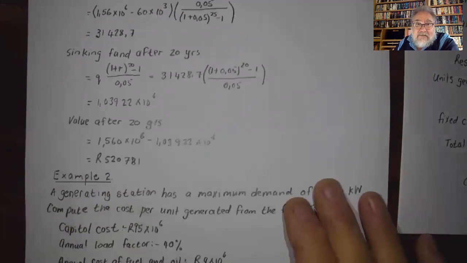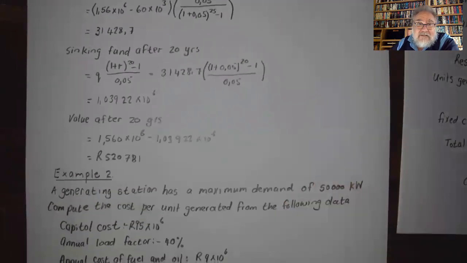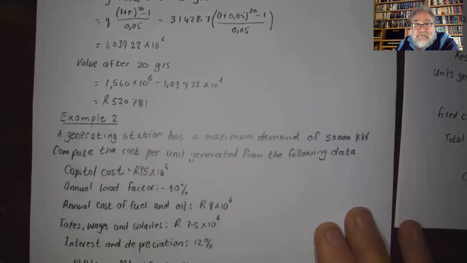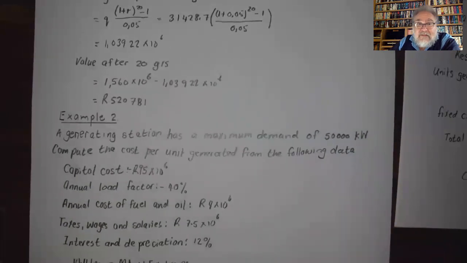The sinking fund after 20 years, we substituted in there, Q is 1 plus R to the power of 20 minus 1 divided by 0.05. That gives us 1.039 million. So the value of the equipment after 20 years is 520,781.